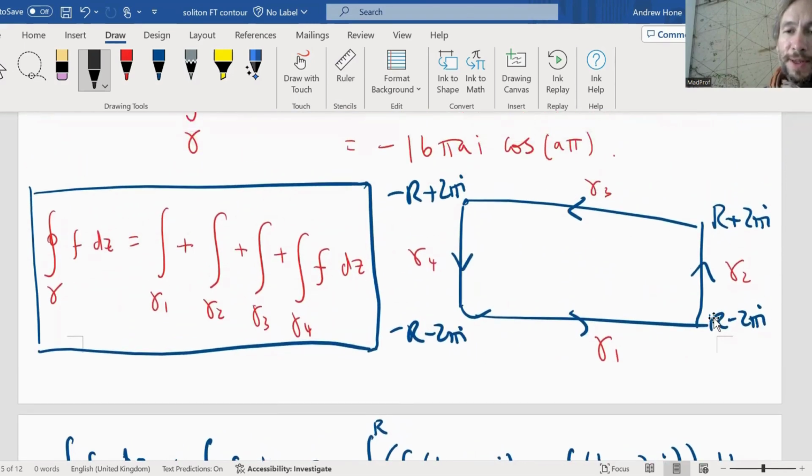But we want to look at these integrals along gamma 2 and gamma 4, so the vertical contours. So that's going from r minus 2 pi i to r plus 2 pi i here, and from minus r minus 2 pi i to minus r plus 2 pi i here.